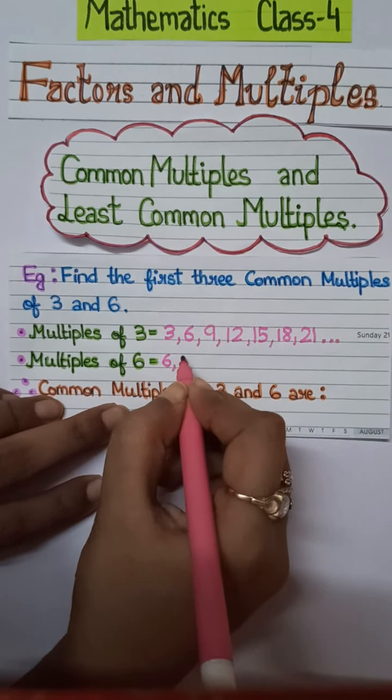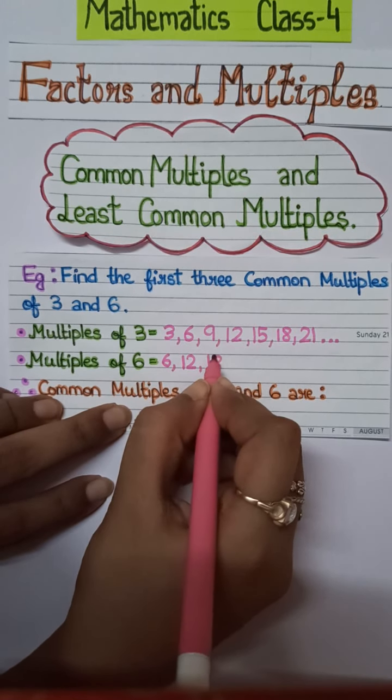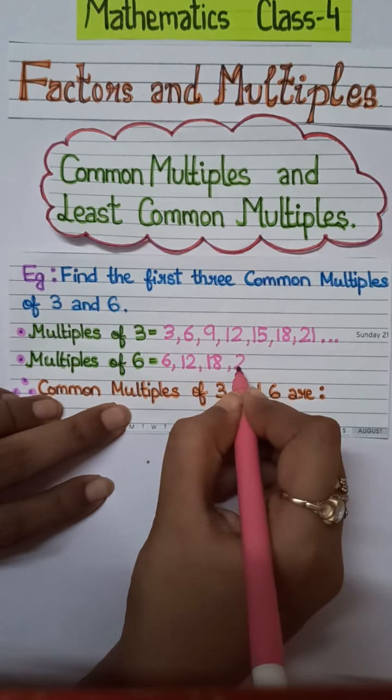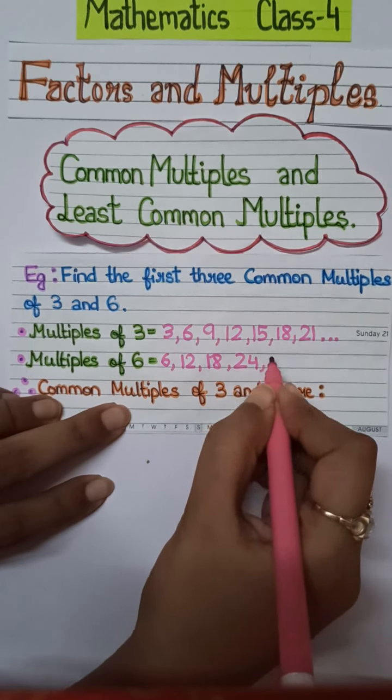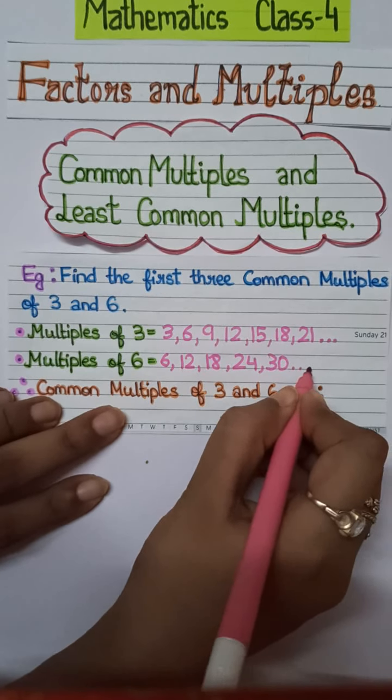Then we write the multiples of 6: 6, 12, 18, 24, 30 and so on.